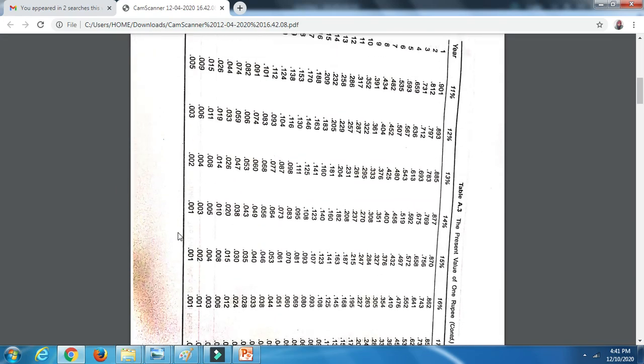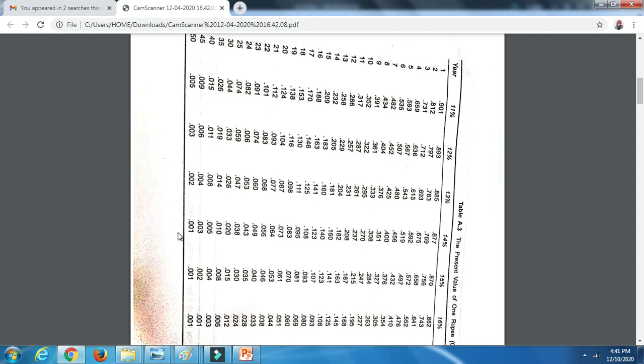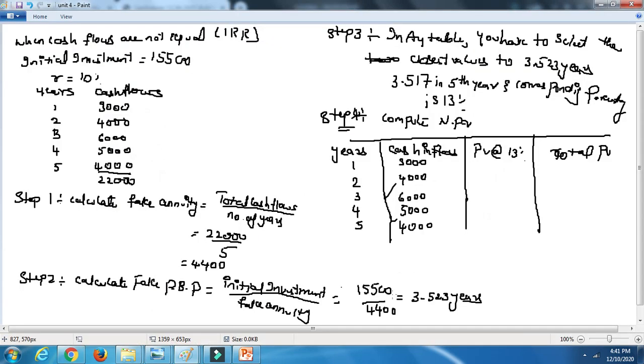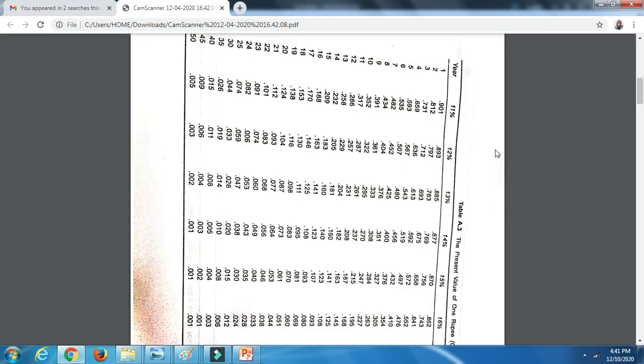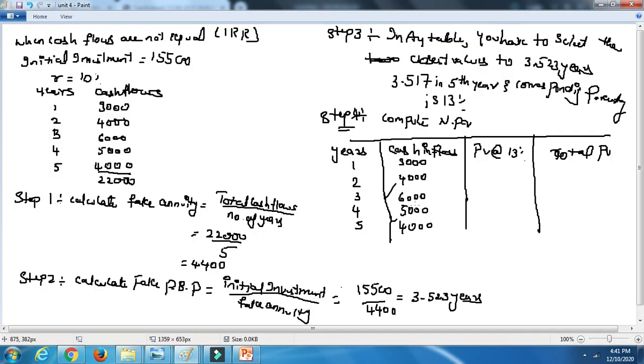The values are 0.885, 0.783, 0.693, 0.613 and 0.543. You need to take those values.